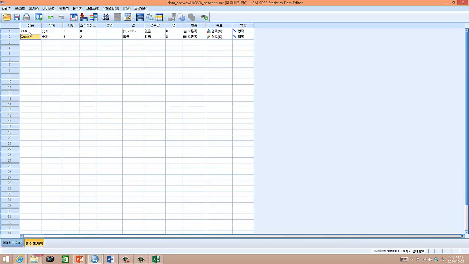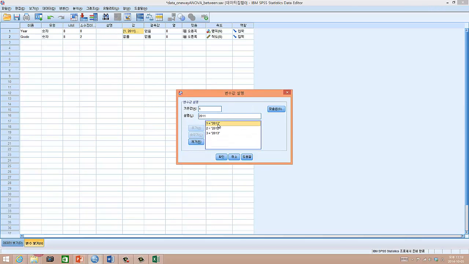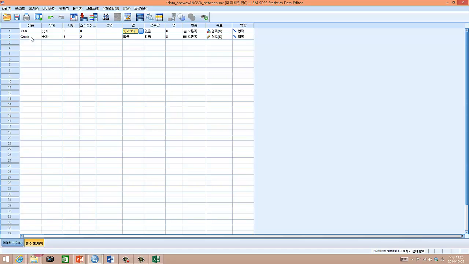The first variable refers to the year, and instead of typing in the entire number, I recoded each year as 1, 2, 3. And the second variable is grade.